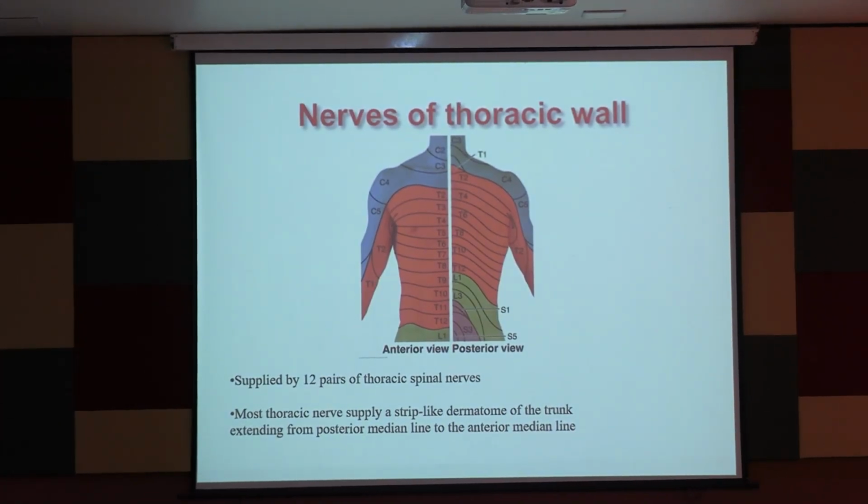In the xiphoid region the skin supply comes from spinal nerve T6. In the nipple region the skin supply comes from the T4 spinal nerve. The umbilicus region is supplied by the spinal nerve coming from thoracic segment T10. So this pattern is universal for human beings.